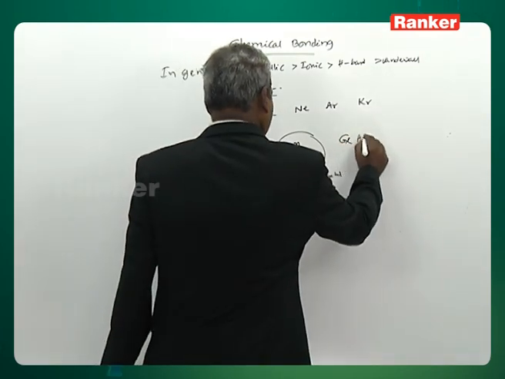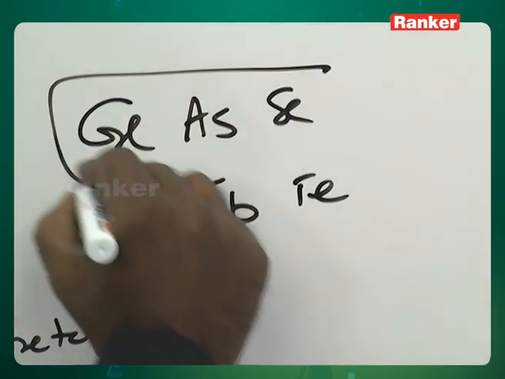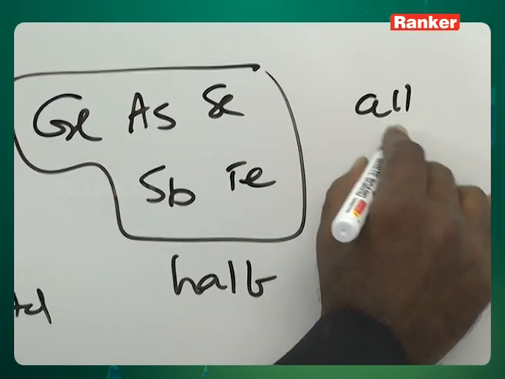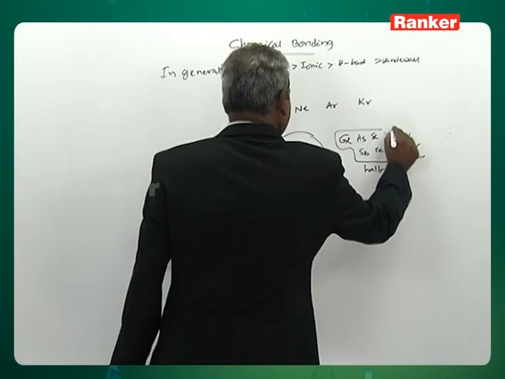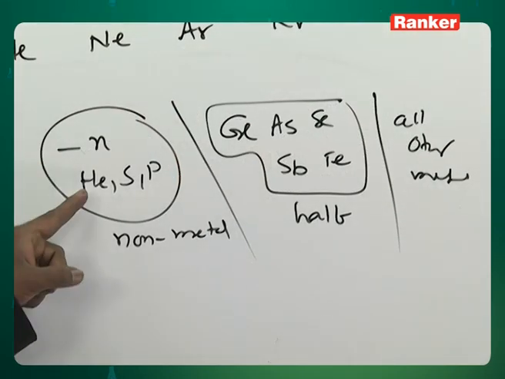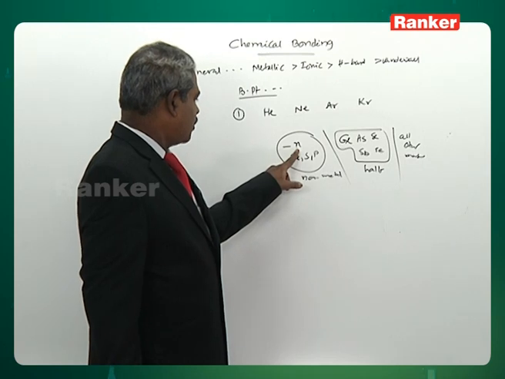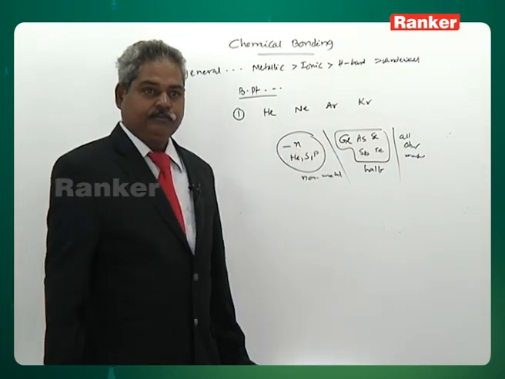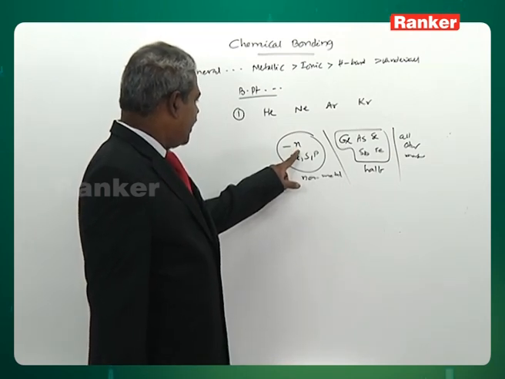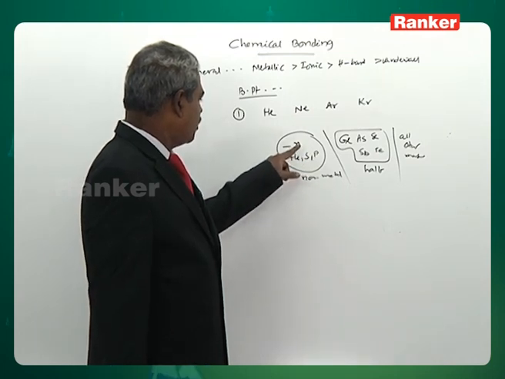Germanium, arsenic, antimony, selenium, tellurium: these are half metals, and all others are metals. Just remember this. Names ending in N: helium, neon, argon, krypton, xenon, radon, all of them end in N. Fluorine, chlorine, bromine, iodine, oxygen, sulfur, nitrogen, phosphorus, carbon, silicon, boron, hydrogen.